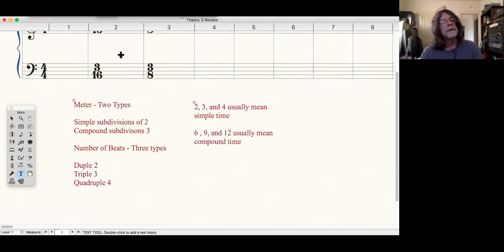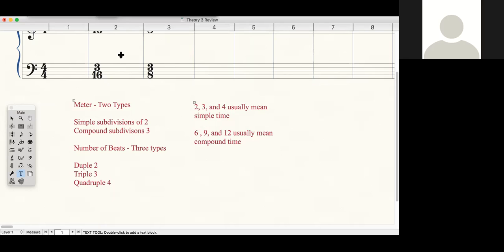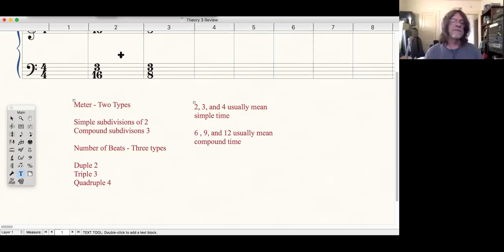And I'll be honest with you, the difference between them is how easy they are to read. Do you understand what I mean by that? I've never seen 3/16. I've seen 3/8. Usually, when you're doing something in 3/8, you're probably going at 100 miles an hour.